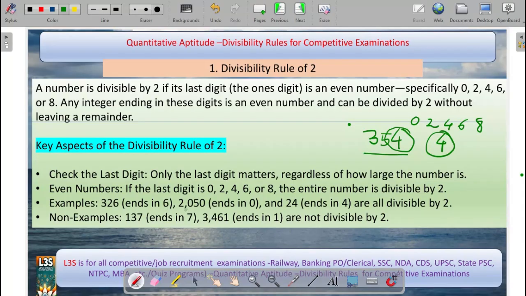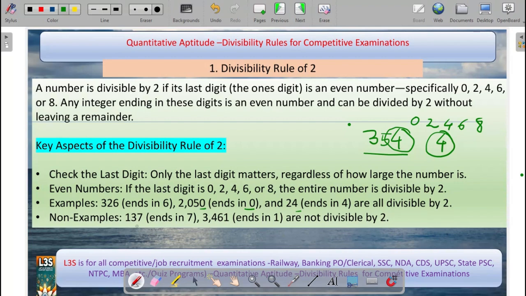Now 6 is an even number, so it is divisible by 2. Another example, 2050. Here the last digit is 0. So 0 is an even number, so it is divisible by 2. And 24. 4 is an even number, so it is divisible by 2.